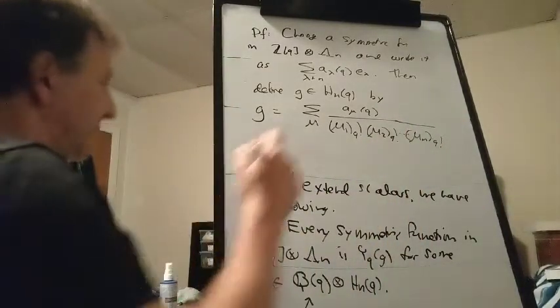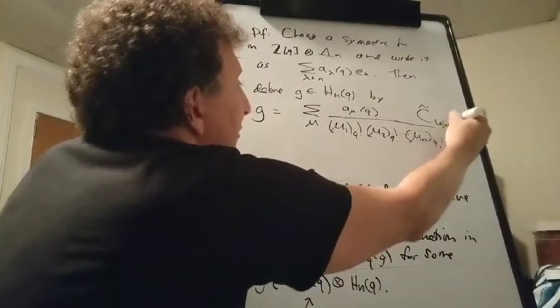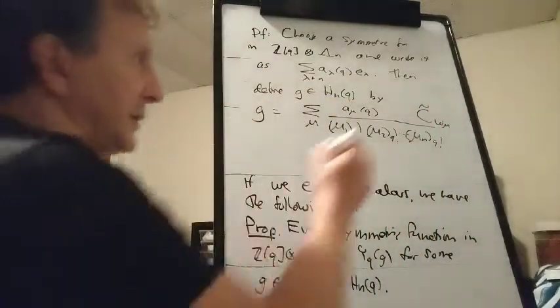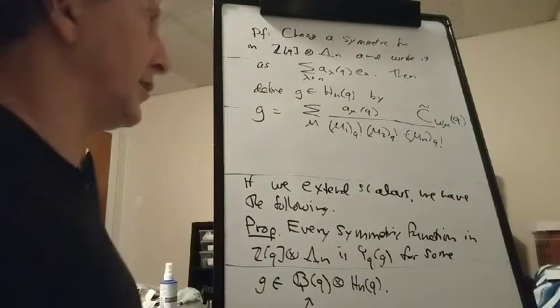All of that times the Kazhdan-Lustig basis element indexed by w_mu, the longest element in the Young subgroup S_mu.